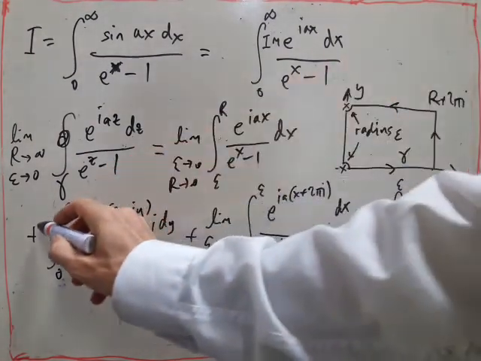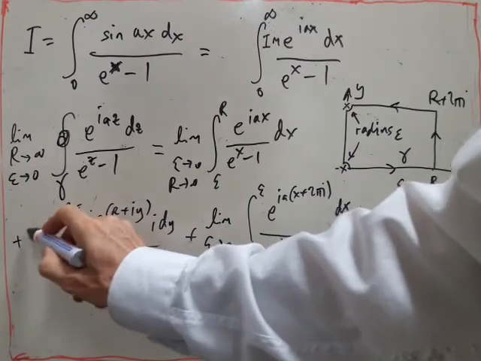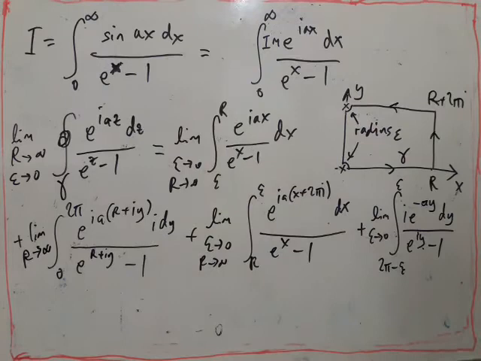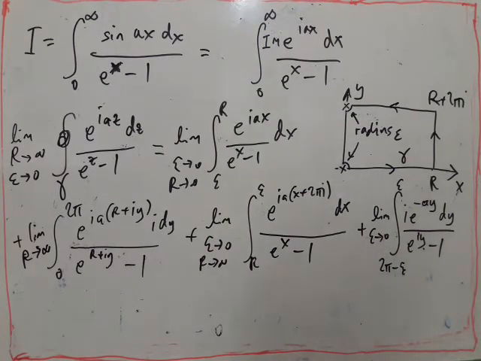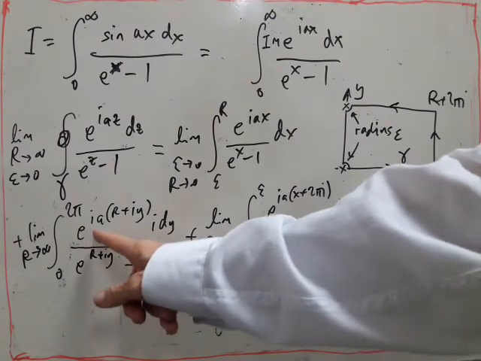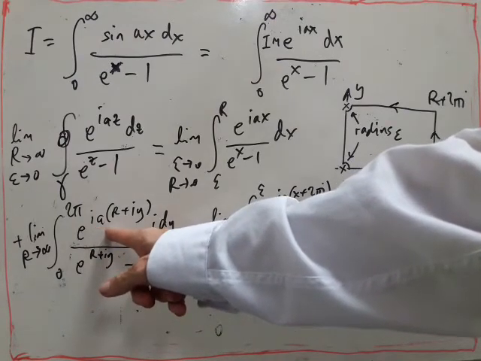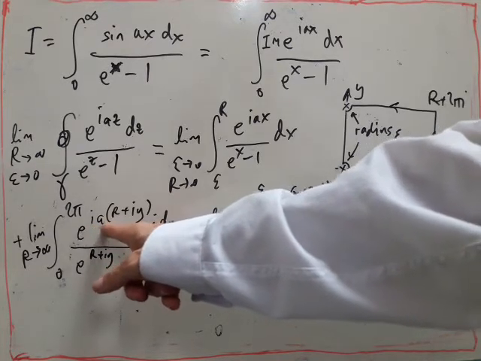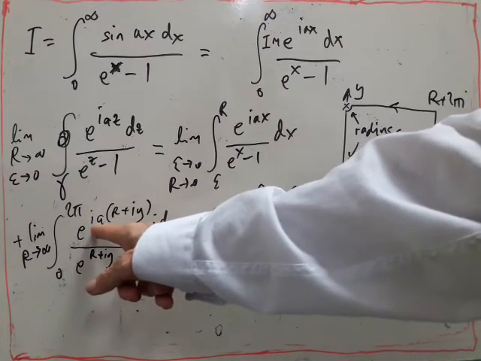Okay, so I forgot to say limit as r goes to infinity here. Looking at this integral, I've got e to the iar.